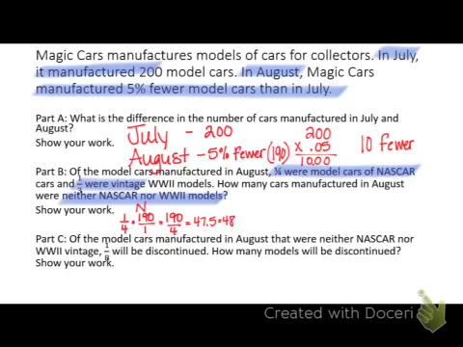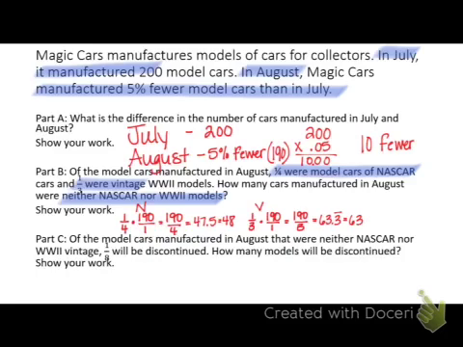The vintage cars represent 1/3 of 190. And 190 divided by 3 is 1/3 times 190. 190 divided by 3 leaves us with 63.3 repeating cars, or we could call that 63 cars.